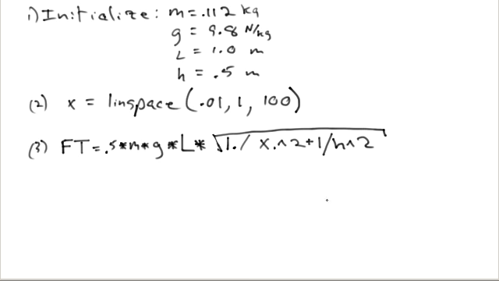So I'm multiplying a number times an array as opposed to trying to multiply two arrays. So then I'll do plot x comma FT, and that should do it.